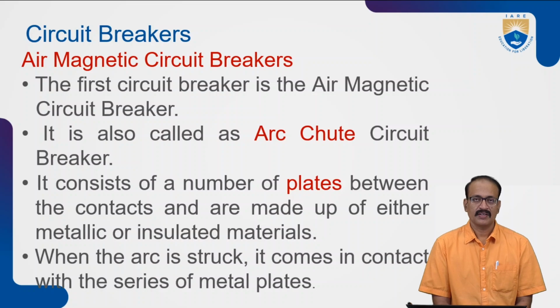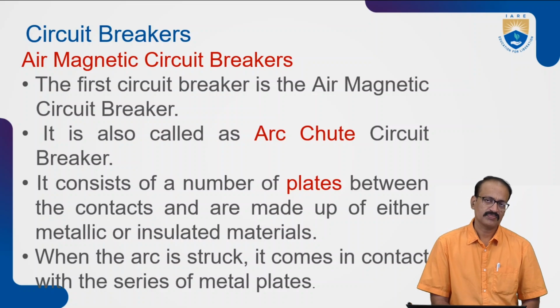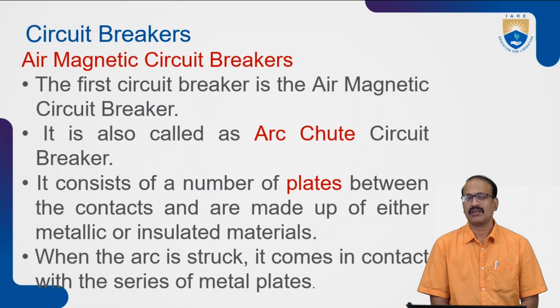There will be a number of plates between the contacts, made of metal or insulating material, sometimes ceramic, sometimes porcelain. When the arc is struck, as we discussed in our previous class in the arc phenomenon, we are unable to avoid this arc.